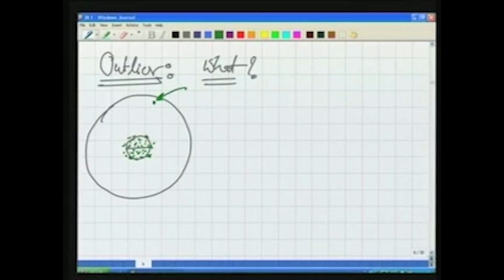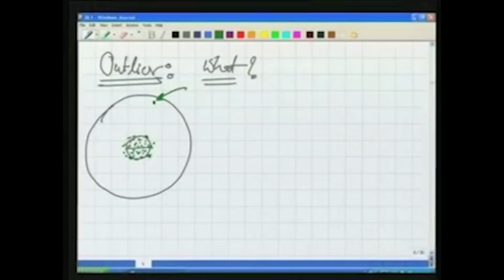Now, your firing instructor will say that you are very good in your firing, so how come you fired a bullet here? The moment he looks at your target, even you yourself will feel, how could I fire such a wrong shot, though mostly your observations are here. It is definitely because of some problem. Something went wrong while you were firing, maybe you looked somewhere else, and this is why you have a value here.